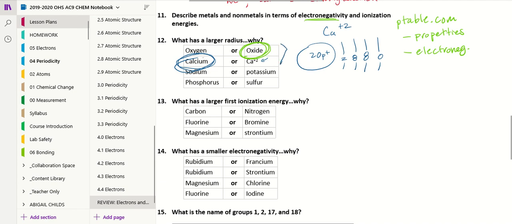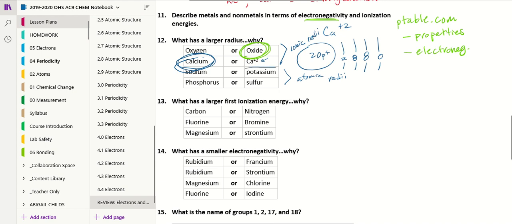So these two are dealing with ionic radii. The next two are dealing with atomic radii. These are the ones you're used to. Compare sodium to potassium. Same group or period? It's in the same group. So which one has more shielding? Potassium.